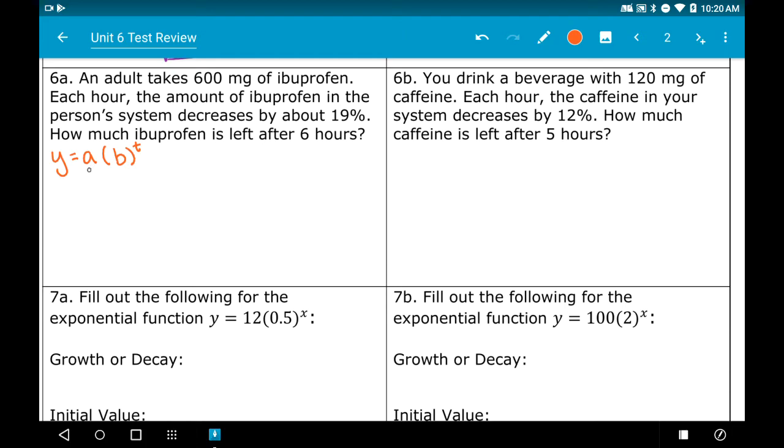And in this case, a will be what we started with, so our initial value. And b is going to be our growth or decay rate, our factor, I mean.